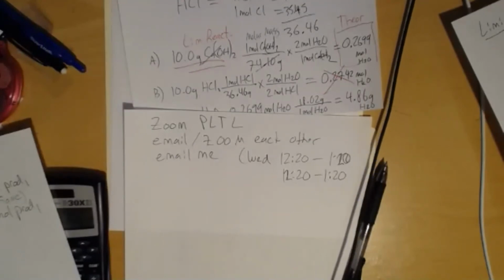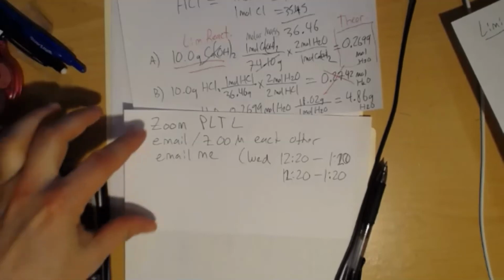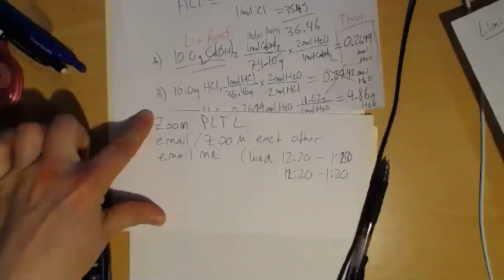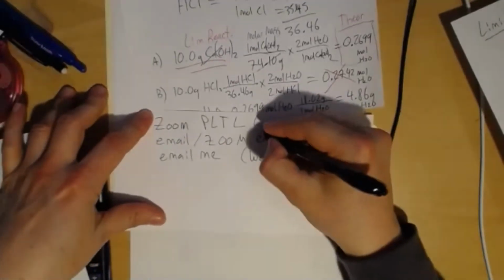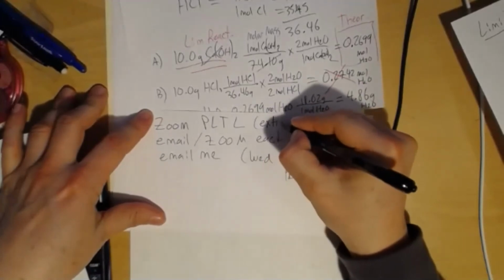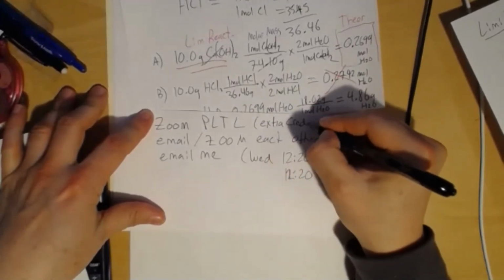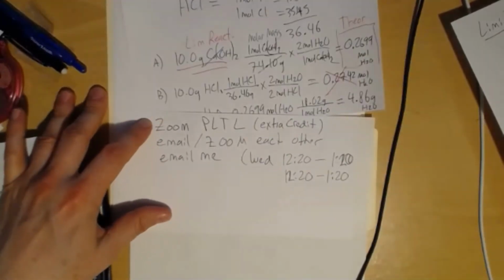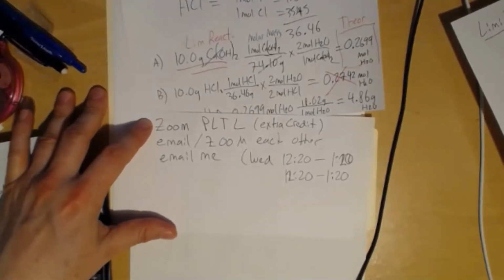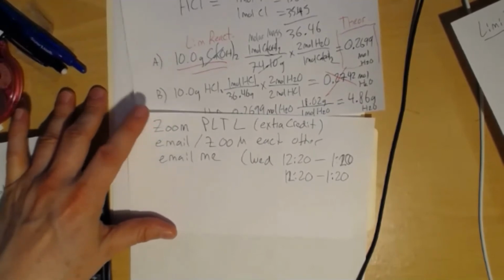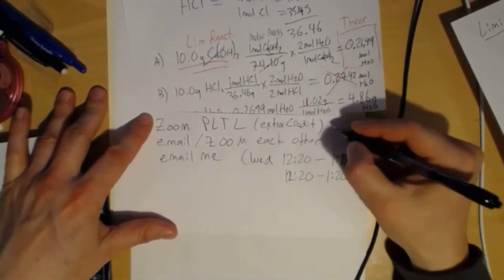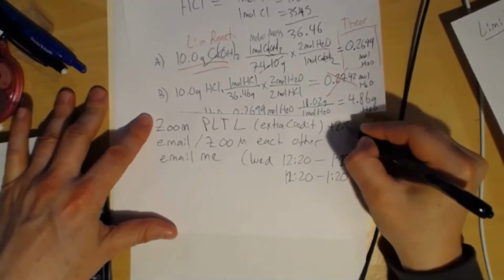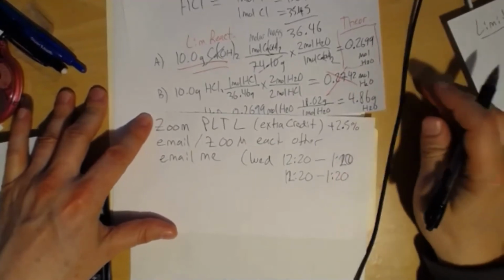So why don't you try, I would go to PLTL. You guys know you can get massive extra credit for that, right? I believe every teacher at San Jose City, at least in the science and math department, allows you to get plus 2.5% onto your GPA.